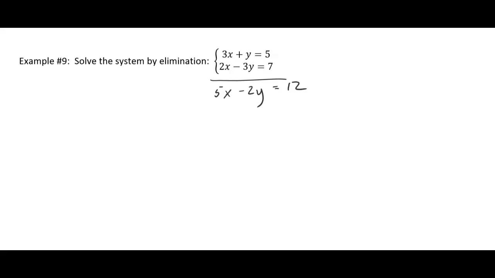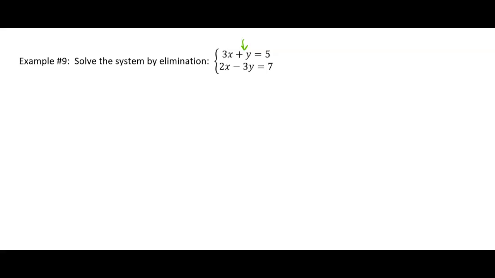So it's an idea, but it's not going to help us solve the system of equations. It just gives us a third equation in two variables. So we have to make sure that something eliminates. What we would really like is a 3 right there. If that were a 3, then we'd have 3y in the top equation and negative 3y in the bottom equation, and they would eliminate when we add them.